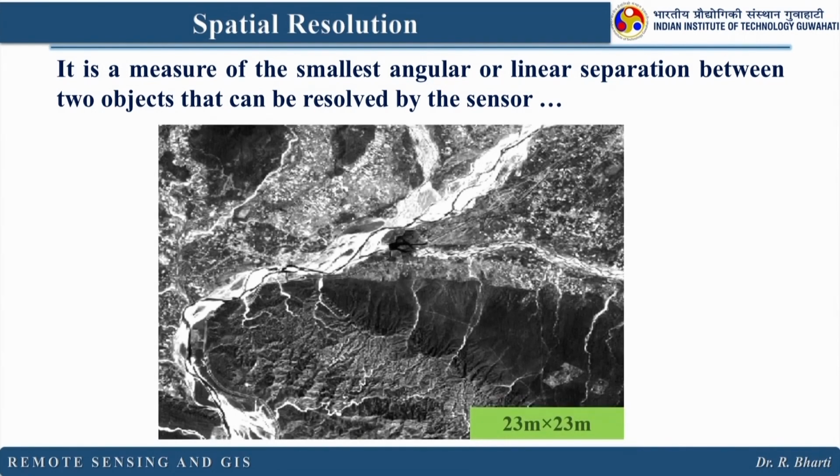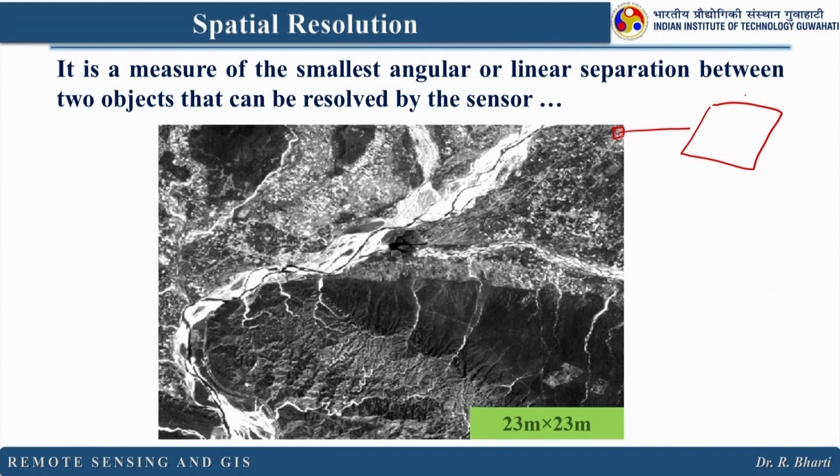If you see, this image has been generated through a space-borne sensor, and the resolution of this is 23 meter by 23 meter. That means 1 pixel of this particular image represents a 23 by 23 meter area on the ground. So, this is how spatial resolution is important.